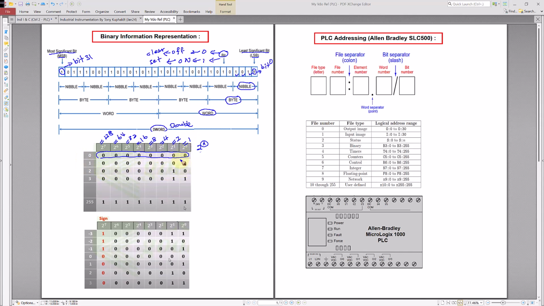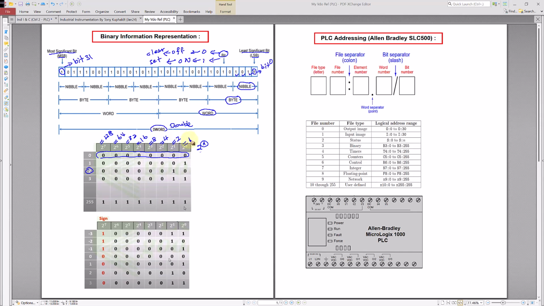For the next group of bits, let's say it's 1 0. This 1 is equal to the decimal value 2, plus a 0 here, so it is equal to 2. For the next example, let's say the bits are 1 1. This 1 is equivalent to the decimal value 2, and this 1 is equivalent to the decimal value 1.